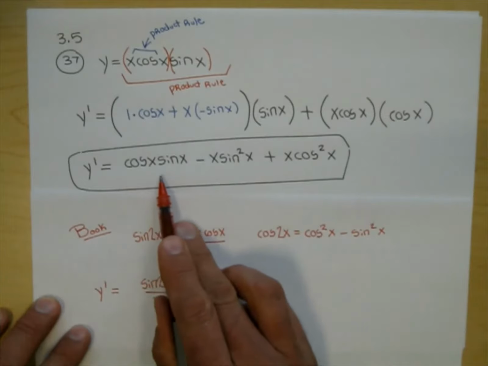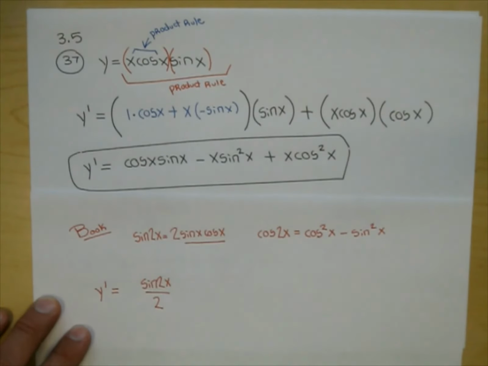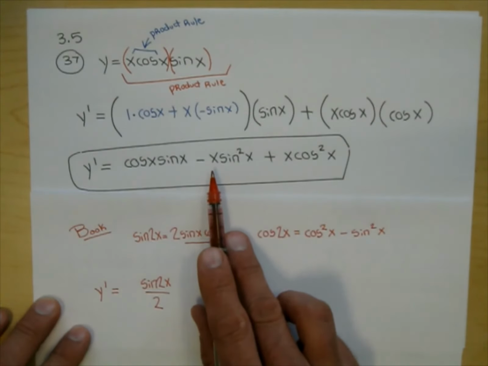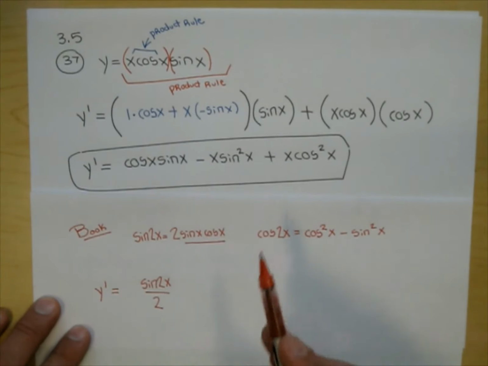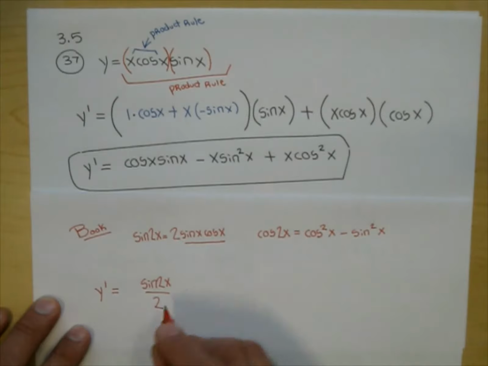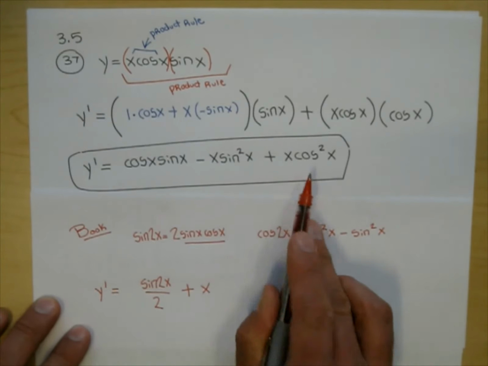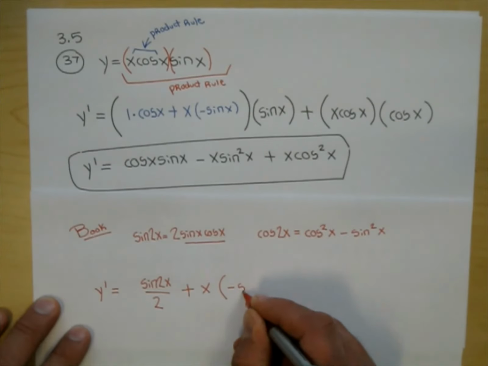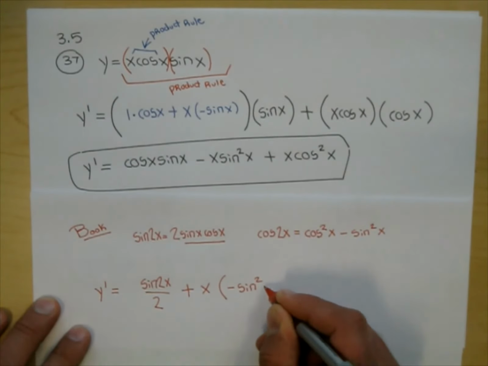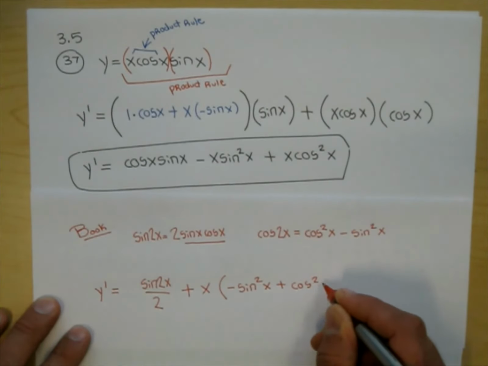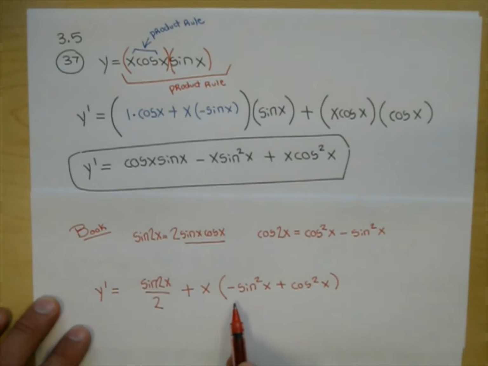Okay, so that's that first part. The second part, what I'm going to do is factor out an x. So I have plus x on this part right here. So this is going to give me a negative sine squared x plus cosine squared x. And isn't this right here the identity?